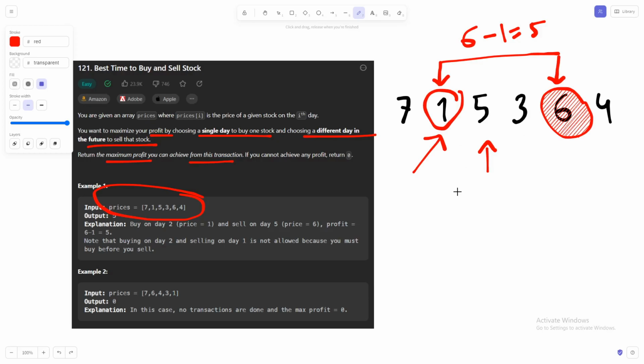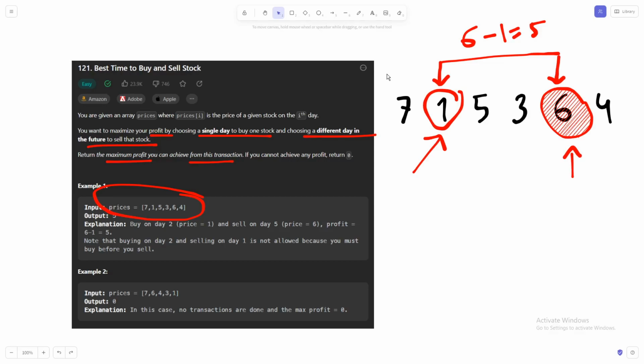If we keep continuing the process, we'll see the maximum profit we will get is on day 5, right? So when we come over here, we'll see the maximum profit we'll get in this window. Okay, so that's pretty much the whole logic that we have to code now.